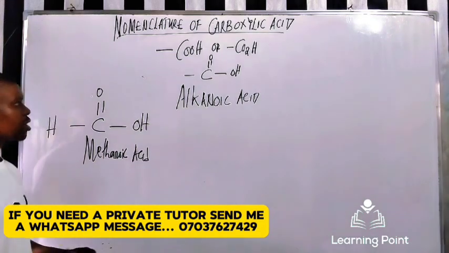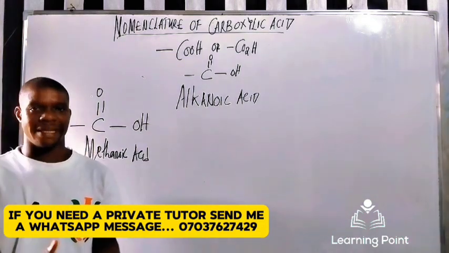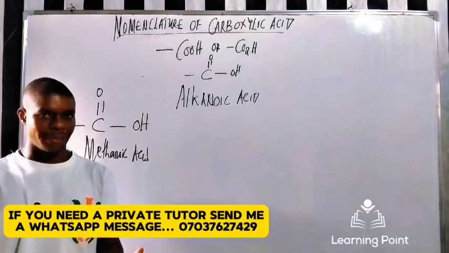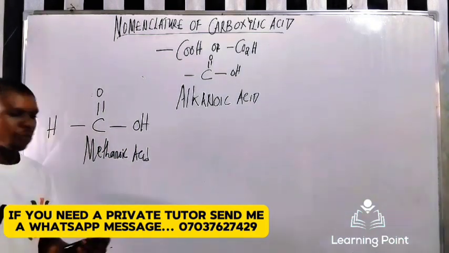Methanoic acid. Now, most of the alkanoic acids have their common name, but I'm not going to the common or the trivial name. I'm just going to show you the IUPAC nomenclature. It's called methanoic acid.